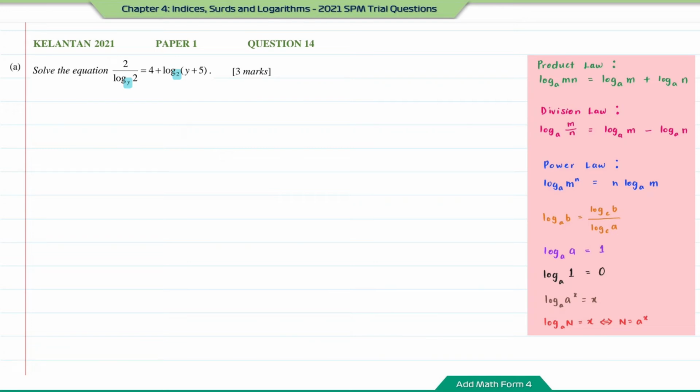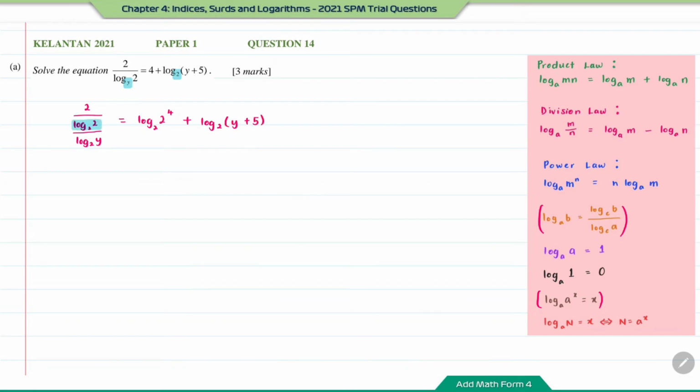So first, refer to the rules, to the laws that I have here. So first I can convert 2 over log base 2 of 2 over log base 2 of y, equal to this number 4. I can also convert it to the log in base 2 using this law. So it's going to be log base 2 of 2 to the power of 4 plus log base 2 of y plus 5.